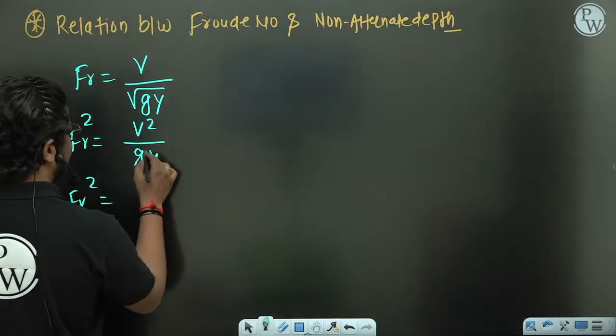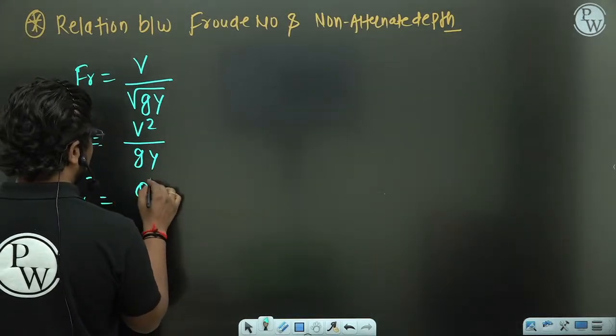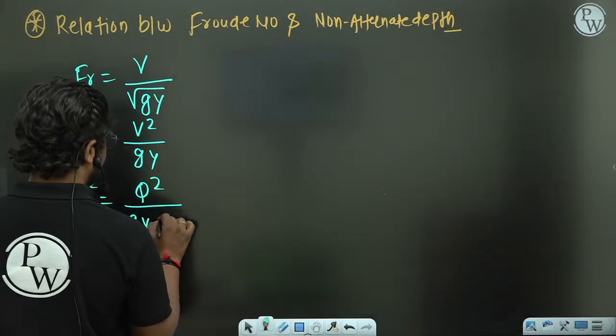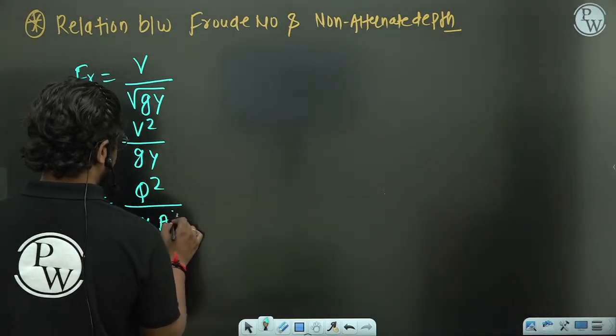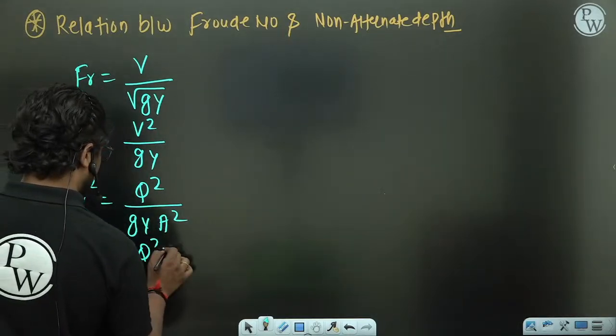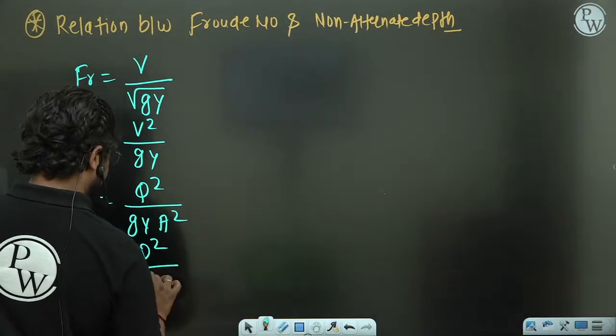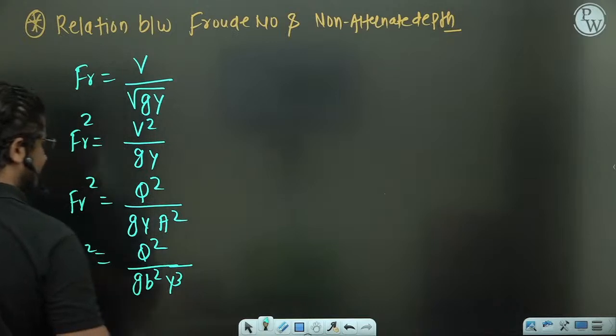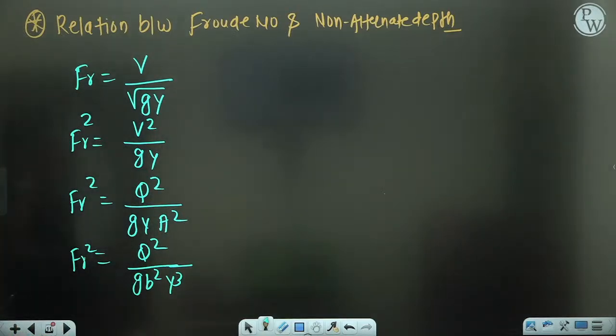Fr squared, in place of v squared I'm writing q squared divided by g into y into area squared. So Fr squared is Q squared upon g into b squared y cube. I don't think anybody will have any problem in writing this.